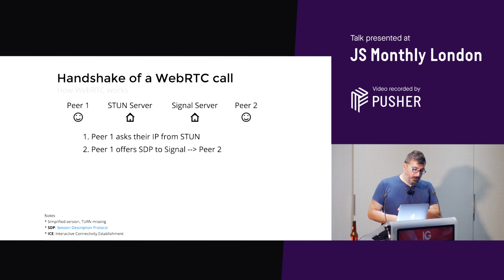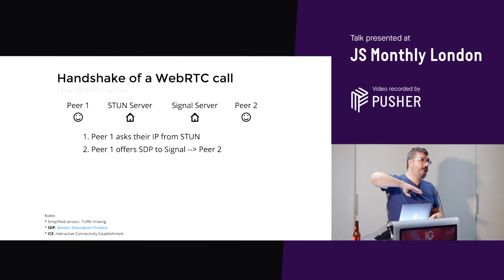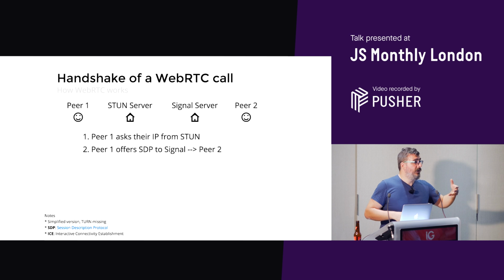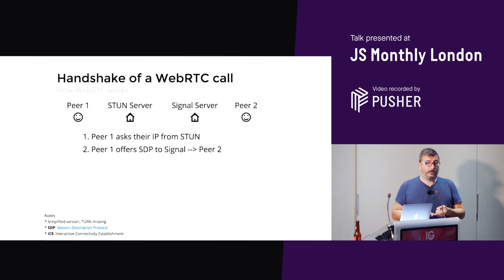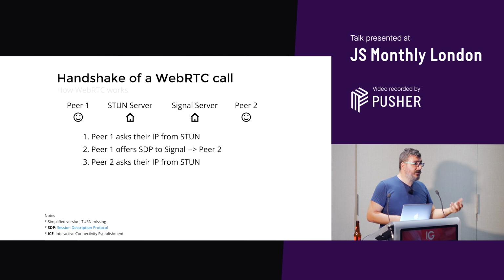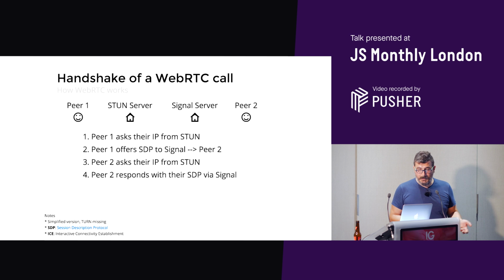The SDP is the session description protocol, which is basically a schema, a standard that again relays what are the capabilities of my client, both from a perspective of codecs, what video codecs I support, what audio codecs I support, and what is my connectivity. And I communicate that to the second peer through the signal server. Peer 2 in turn asks for their IP and responds with their SDP signal.